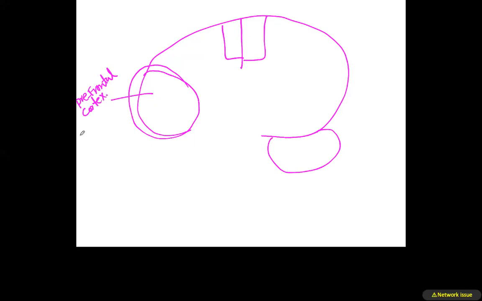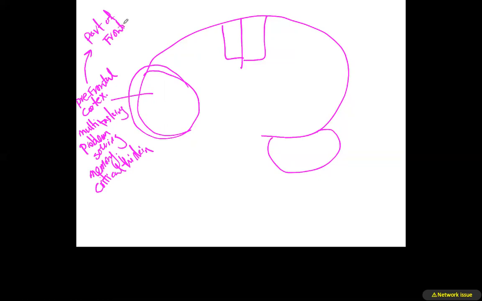And this is the area that's responsible for multitasking, problem solving, memory, critical thinking. Again, it is prefrontal cortex, but it is still part of what? It's still part of your frontal lobe. So it doesn't make a difference. It's just used more focus now.